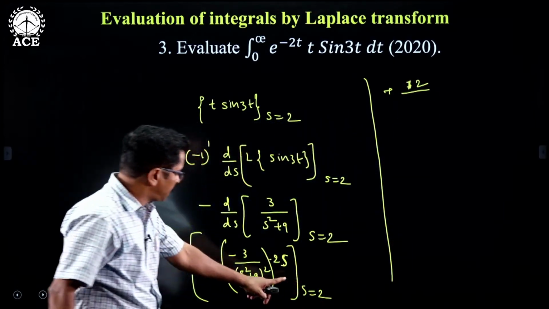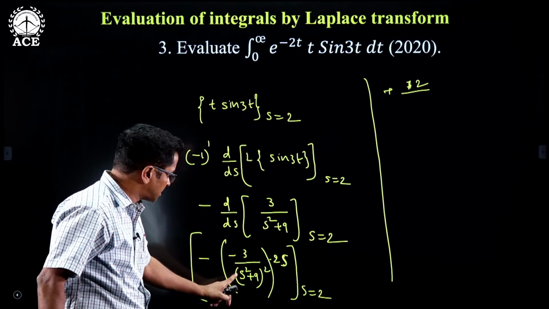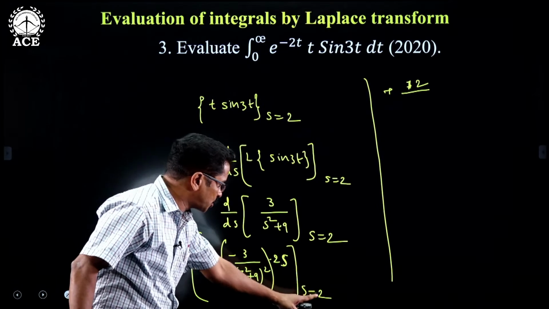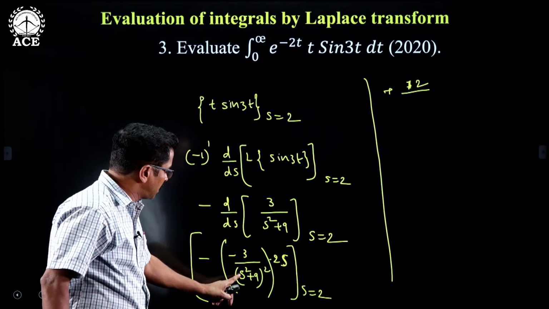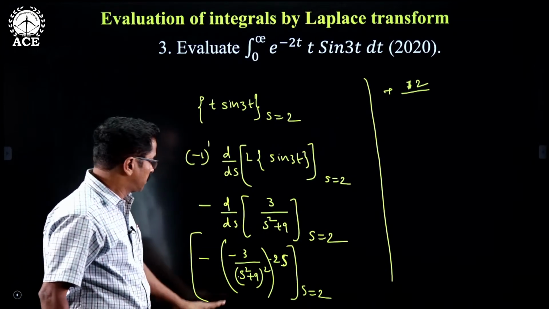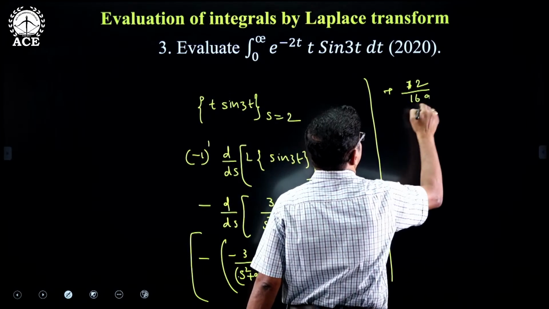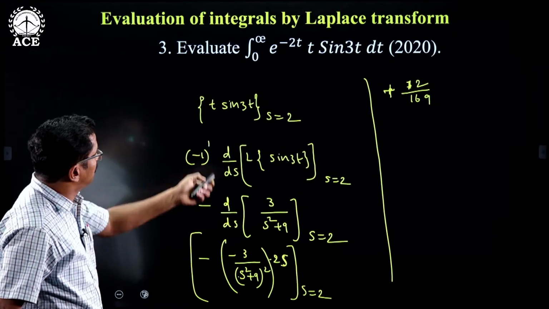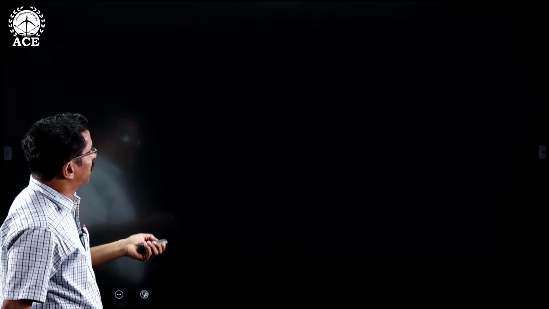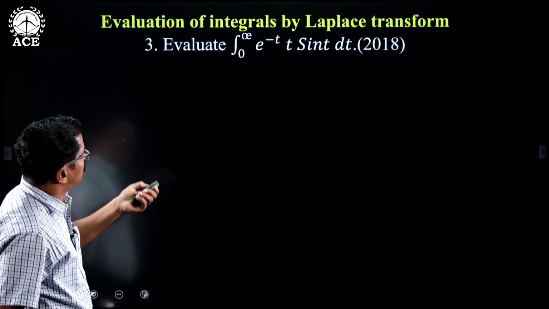I am just putting s as 2 in 3 by s square plus 9 differentiation, 3 by s square plus 9 whole square into 2s. 2 2 is 4, 4 into 3, 12. 12 by 4 plus 9, 13. 13 whole square means 169. So 12 by 169. This is the plus symbol, as minus into minus is going to be plus. So like this, we can evaluate integrals by using the Laplace transform definition.